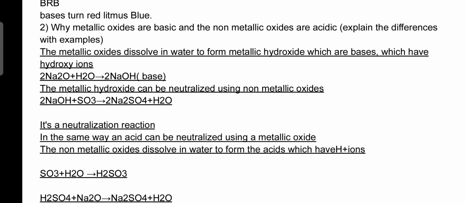First of all, metallic oxides, for example, sodium oxide, when put into water, form the alkali, that is sodium hydroxide, which is a soluble base. In this reaction, you can see that sodium hydroxide is a base, and this base can be neutralized by using an acid.